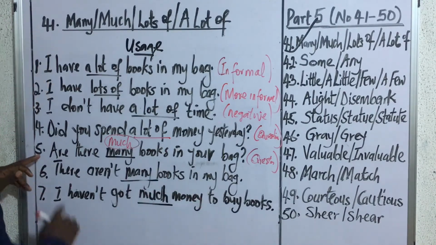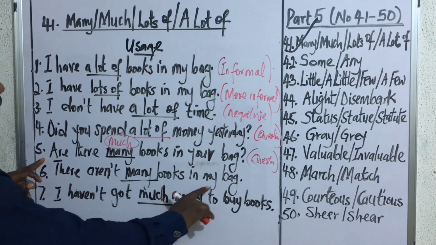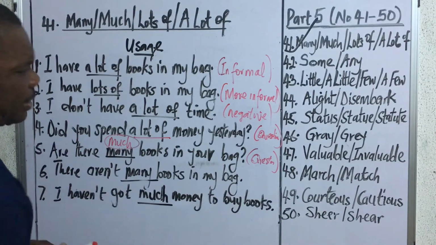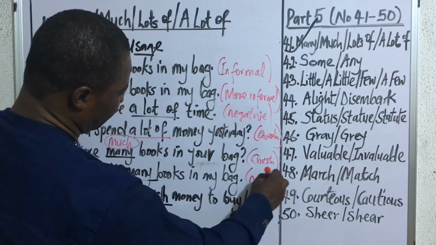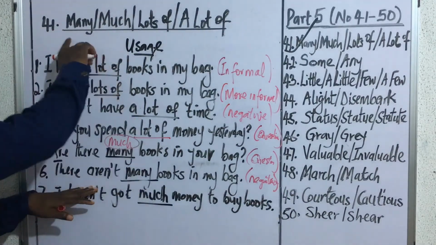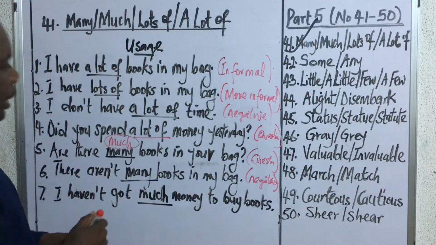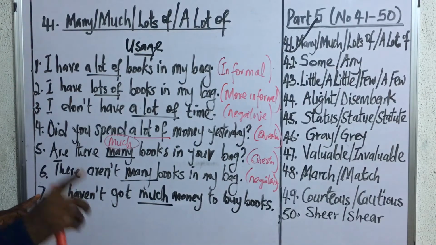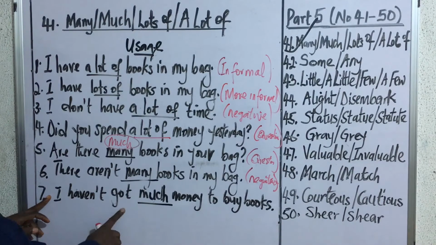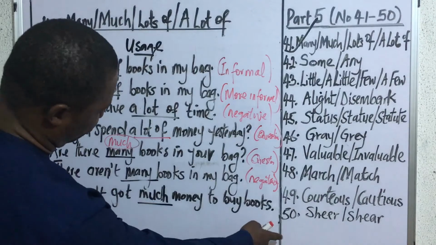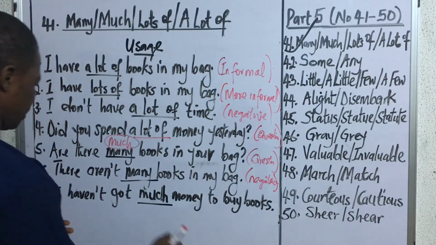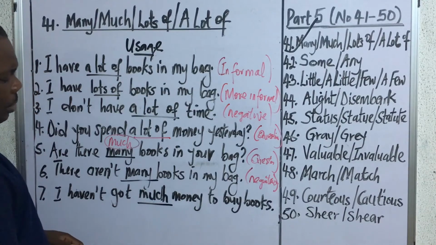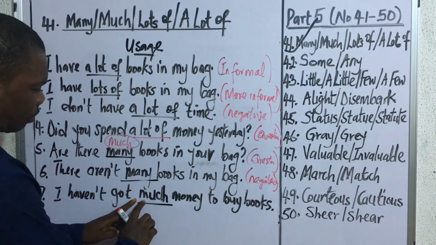Then, number 6, there aren't many books in my bag. This is a negative. So we said that many / much can be used in a negative expression. Number 7, I haven't got much money to buy books. Now this is another case of a negative expression, but this time with the use of much.